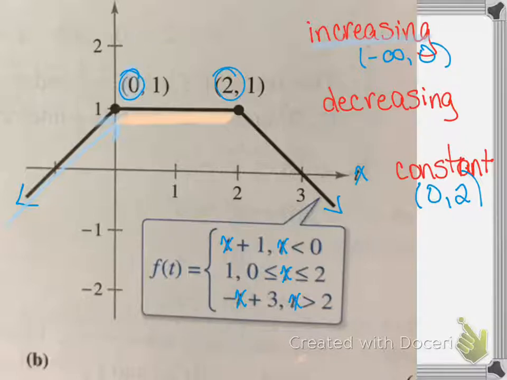So I start at 2 for decreasing, and where do I go? Infinity. So these are increasing, decreasing, and constant.